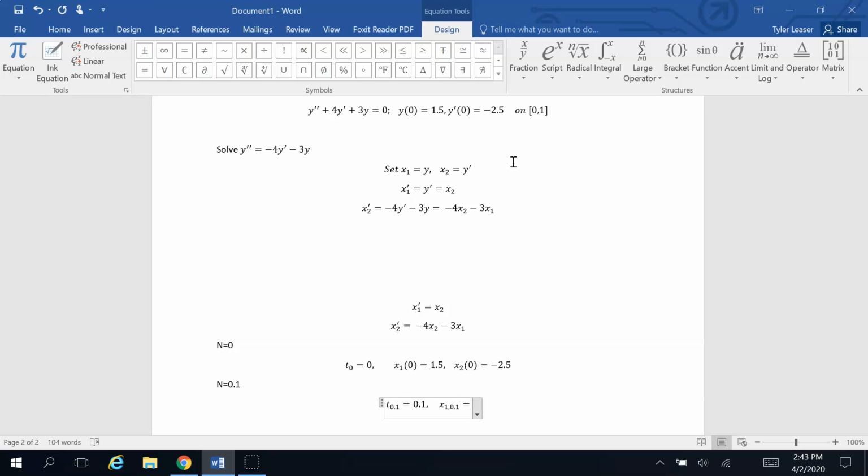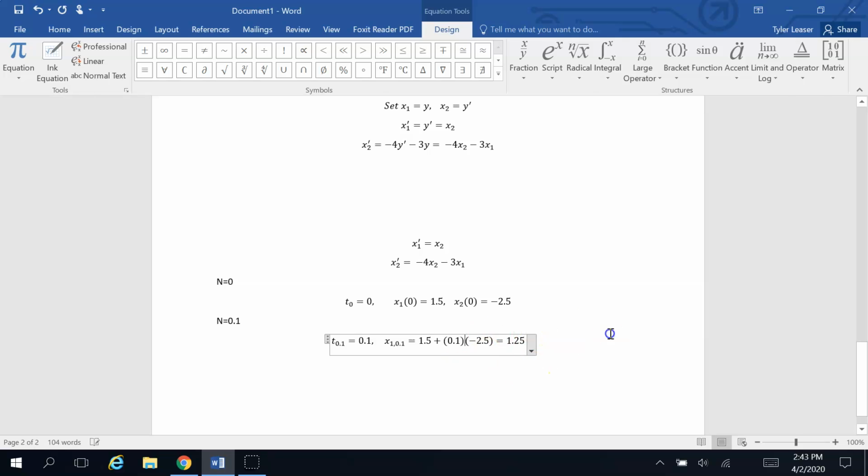Remember to get this, it's the previous value of x sub 1, which is the 1.5, plus the step size, 0.1, times plugging this into the function of x sub 1 prime. Okay, so this is just going to be taking the previous value for t, x sub 1, and x sub 2, and plugging that into the first derivative of x sub 1, which is just x sub 2. So this is going to be spitting out that negative 2.5. All right, and then if you add all this up in the calculator, you get 1.25.